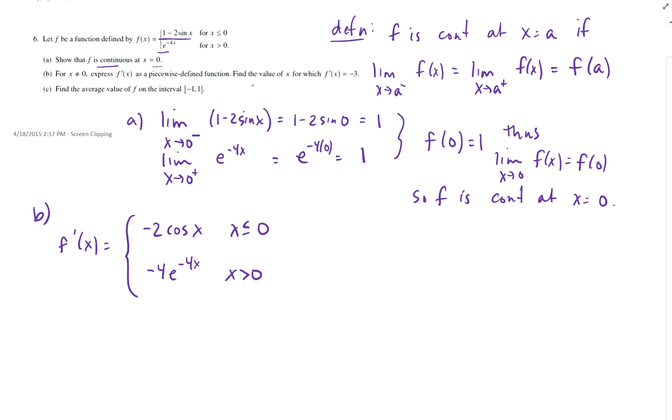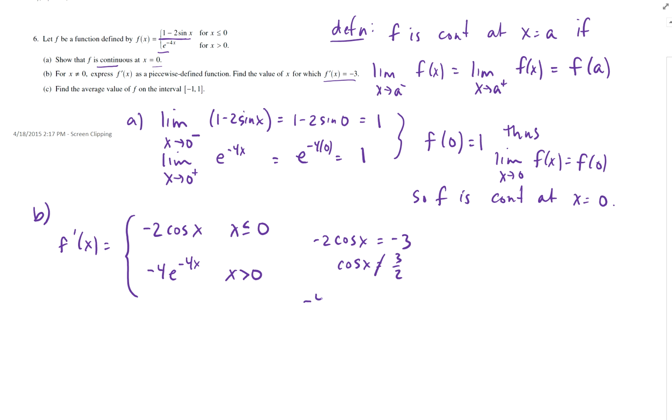Okay. Find all values of x for which f prime of x equals negative 3. Well, we got negative 2 cosine of x. If that were equal to negative 3, then I'd have cosine of x equals 3/2. Well, that's never going to happen. The cosine of x, the biggest it is is 1, so that can't happen.